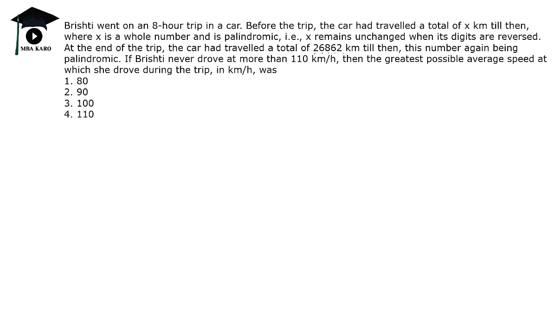Now this is a simple question to do, just the language looks a bit complicated, but the question is very simple. See, the total is 26862, and the max she can go is 110, and she took an 8-hour trip.